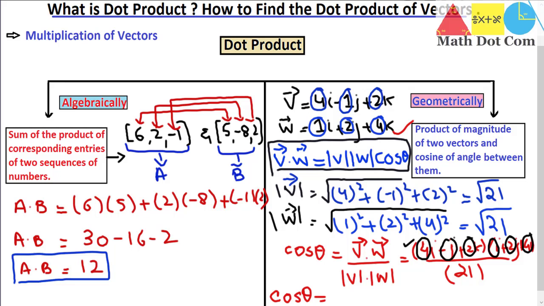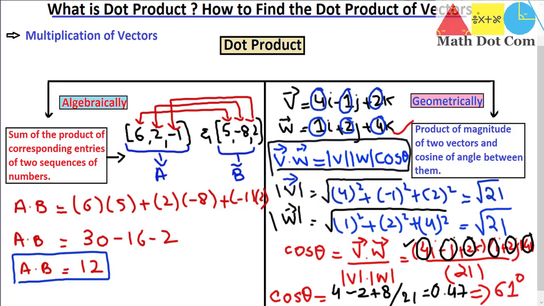So here we get 4 into 1 is 4, minus 1 into 2 is minus 2, plus 2 into 4 is 8, so 4 minus 2 plus 8 divided by 21, and if we solve it, we will get 0.47. Now if we take the cos inverse of this 0.47, we will get the angle between the two vectors. So the cos inverse of 0.47 is 61 degrees.